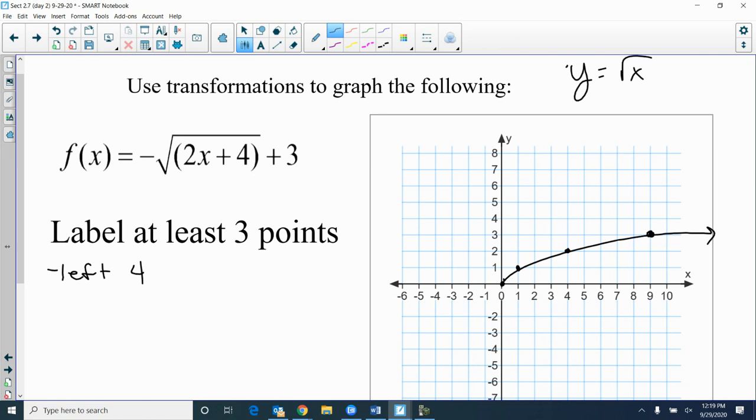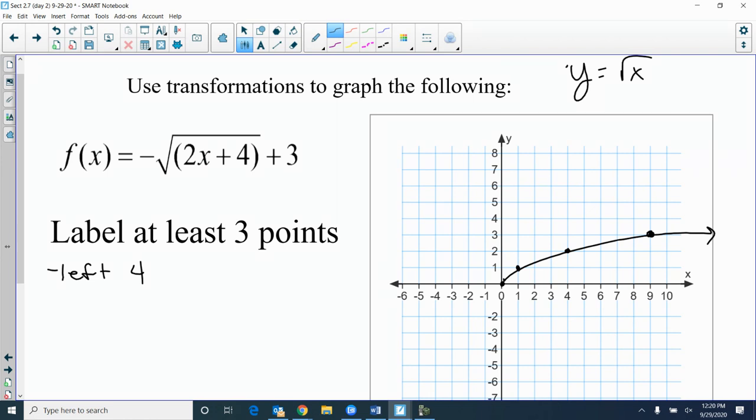Tyson, stretch or compress? Which way, horizontal or vertical? Horizontal. Compression. When it's bigger than 1, it's a reverse. So it's going to compress it by a factor of, anybody? 1/2.